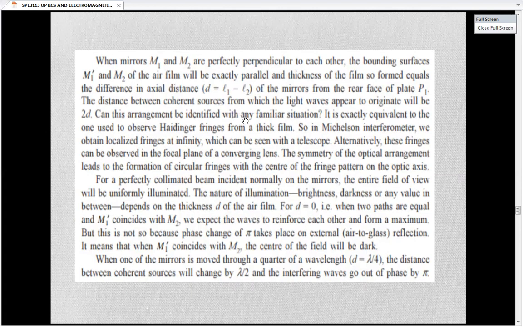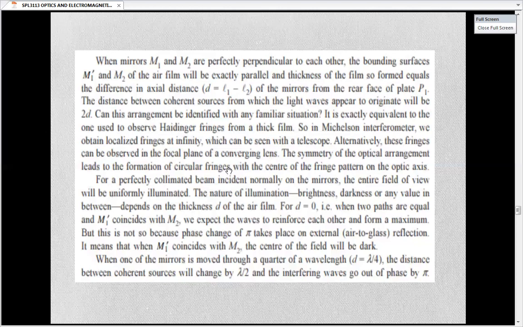This adjustment of the distance D is obtained by the screw that we had talked about, where these two perfectly reflecting mirrors are fitted with a screw, and the screw can adjust the position of the mirrors. So the distance D here is what I wanted to point out, that it depends on the distance of the mirror M1, and it can be adjusted to form different types of fringes.